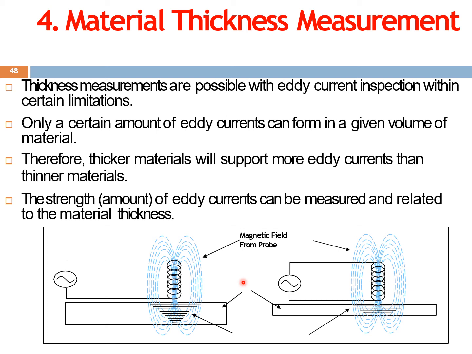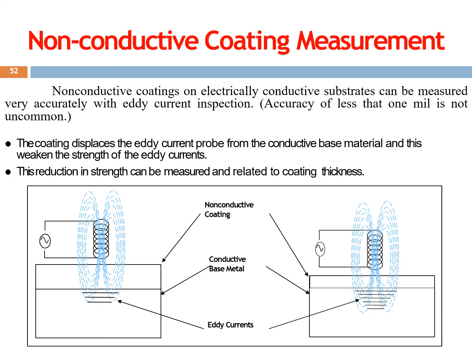Here again, we can find an experimental correlation that connects the material thickness to the change in strength of the eddy currents. The change in strength of the eddy currents can be detected by using different probes. So the change in current density of the eddy currents can be measured and related to the material thickness. This is an indirect form of measurement. Conductivity and material thickness can be found as indirect measuring methods.